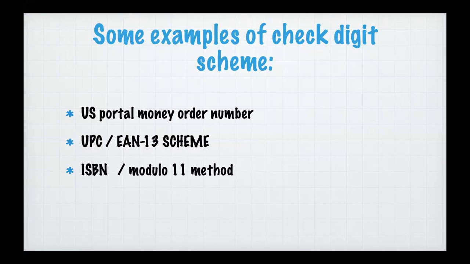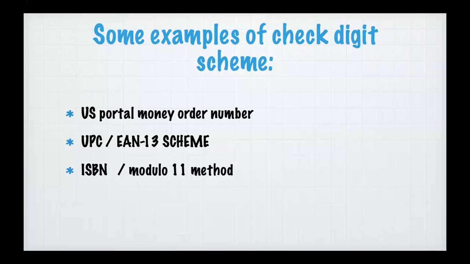So EAN is the code that has been used. There are 5 versions of UPC and 2 of EAN. The most commonly used are the 12-digit version of UPC and the 8-digit version of the EAN scheme. What the UPC does basically is we are just adding and then checking what the remainder comes out to be.